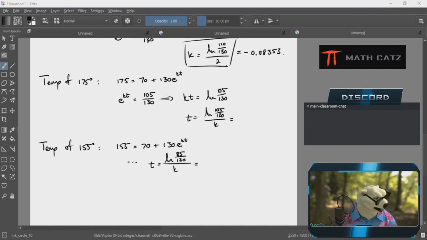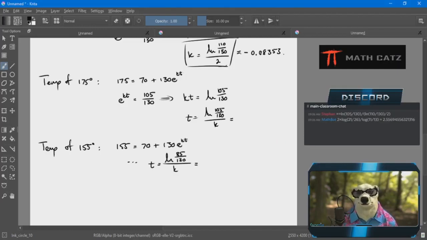Log for the numerator. Then I'm dividing by k, and k itself has a log function in it, 110 over 130. And then that numerator in k is divided by 2. Let's see what we get here. We get 2.56, let's say, and that's going to be minutes.